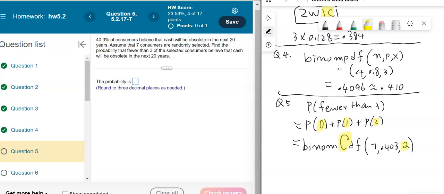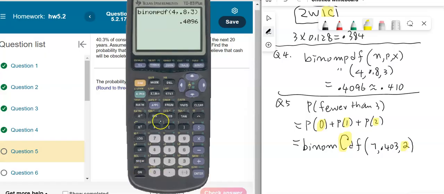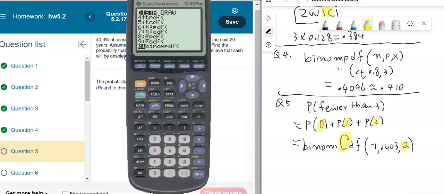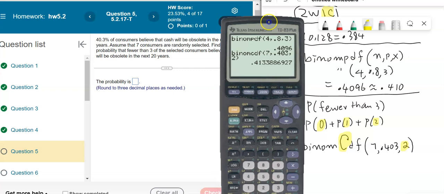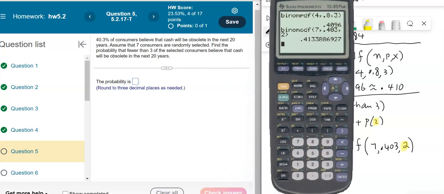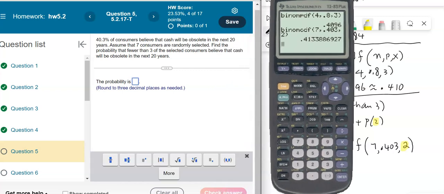Okay, so second bars, binom CDF, not P but C, and then 7, 0.403, 2. So look at it here, it is 0.413.